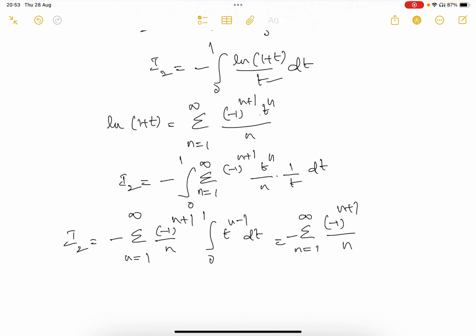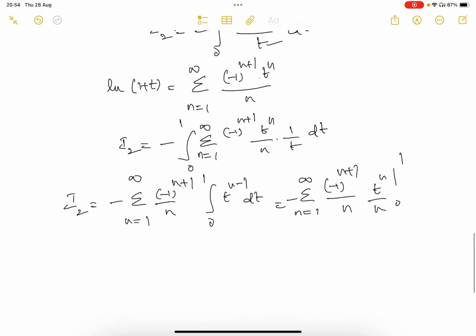This will be t power n minus 1 plus 1 by n minus 1 plus 1, which is t power n by n, integral 0 to 1, right?